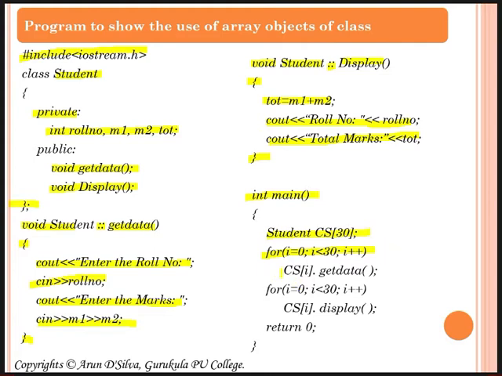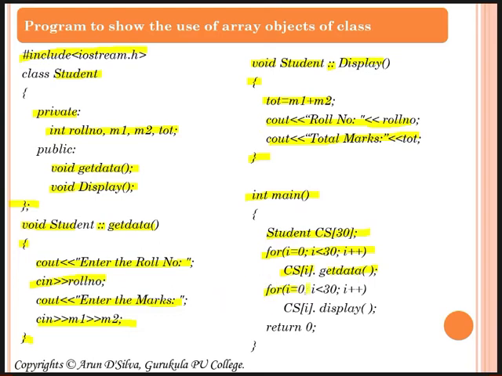Now CS of i get data. So CS of 0, CS of 1, CS of 2, CS of 3 up to 29 will load. So it's 30 students' information it will read one by one. That's the for loop you are making use of. One by one, 30 students' information it will read from the keyboard.